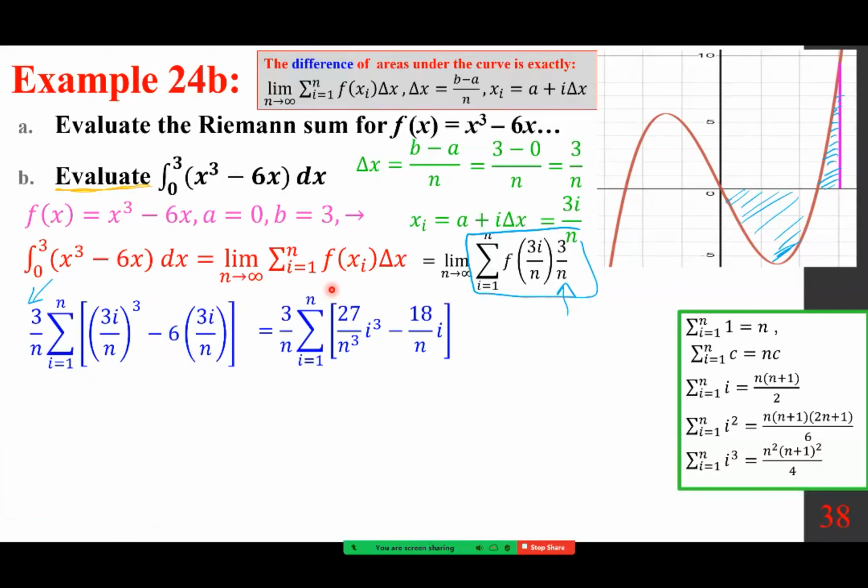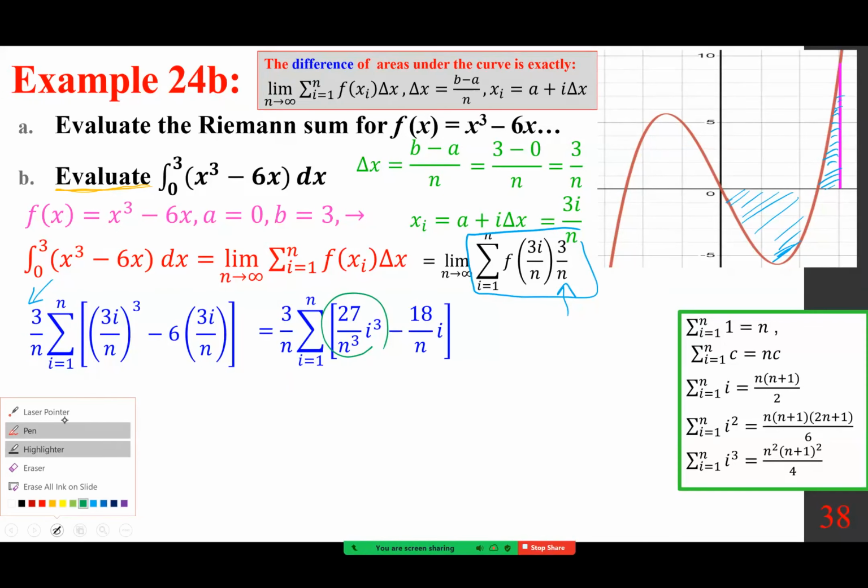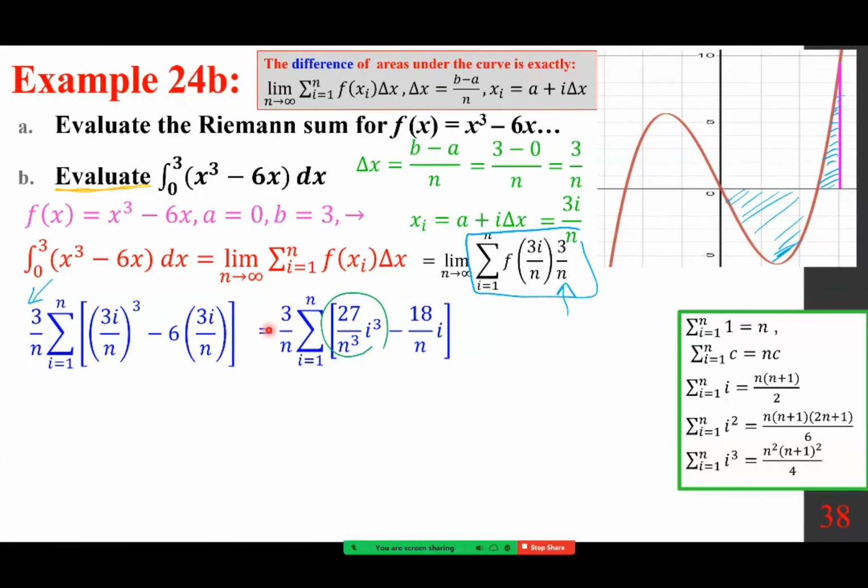So this part, 3 times 27 is 81 over n to the power of 4 times i cubed. This part only is 27 over n cubed. Now this part, 3 times 18 is 54, so minus 54 over n squared times the summation of i.